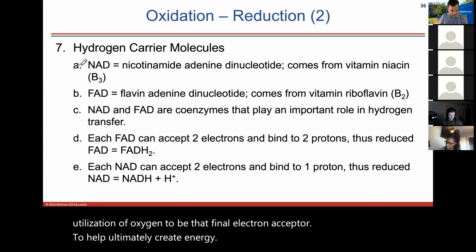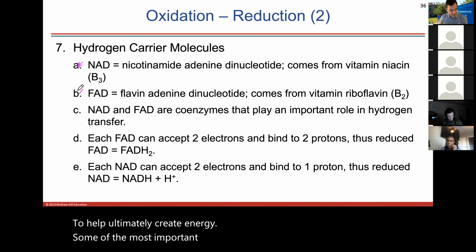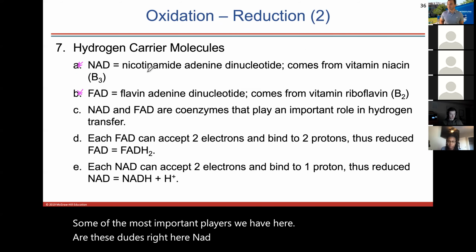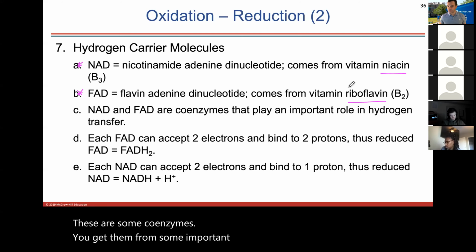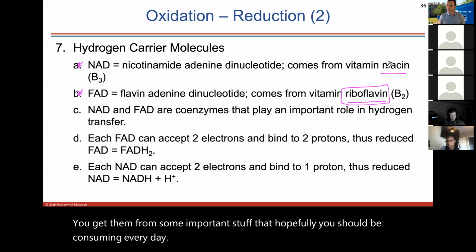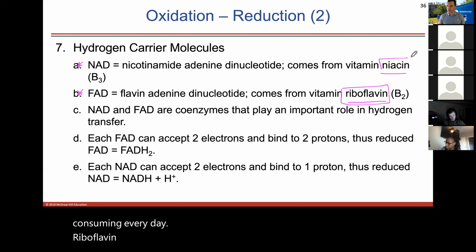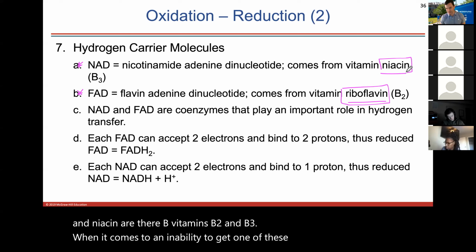Some of the most important players we have here are these dudes right here, NAD and FAD. These are some coenzymes. You get them from some important stuff that hopefully you should be consuming every day. Riboflavin and niacin are your B vitamins, B2 and B3. When it comes to an inability to get one of these vitamins, usually it's niacin that is the potential issue.